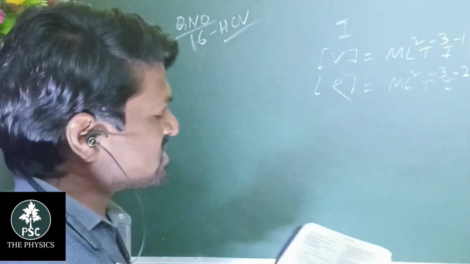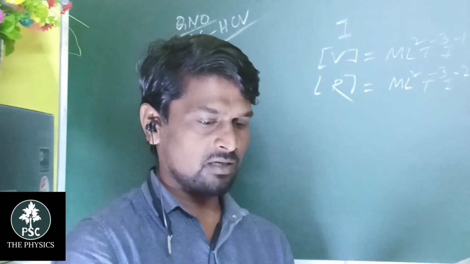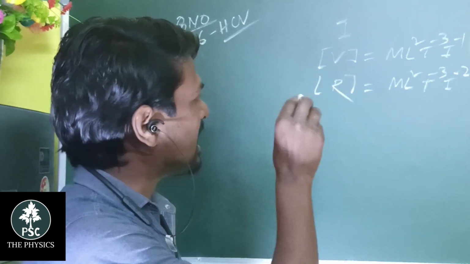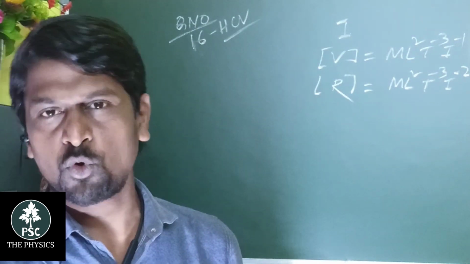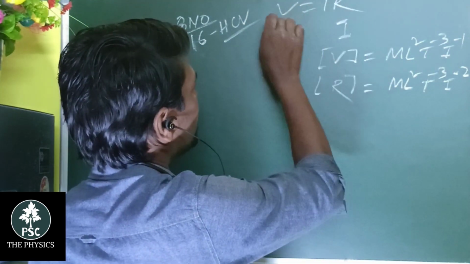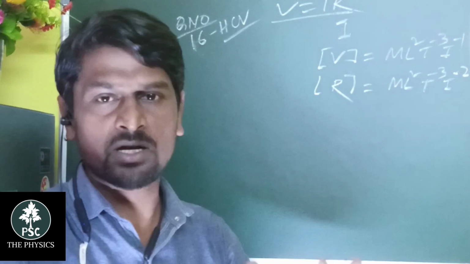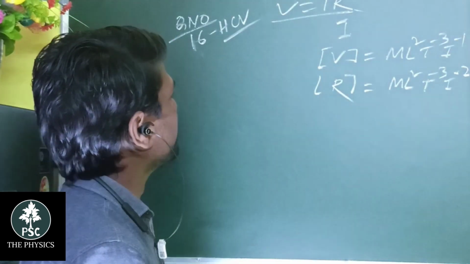So all the dimensions are given, and you have to relate I, V and R. We all know Ohm's law, V equal to IR, so you have to derive that equation with the help of dimensional derivation.